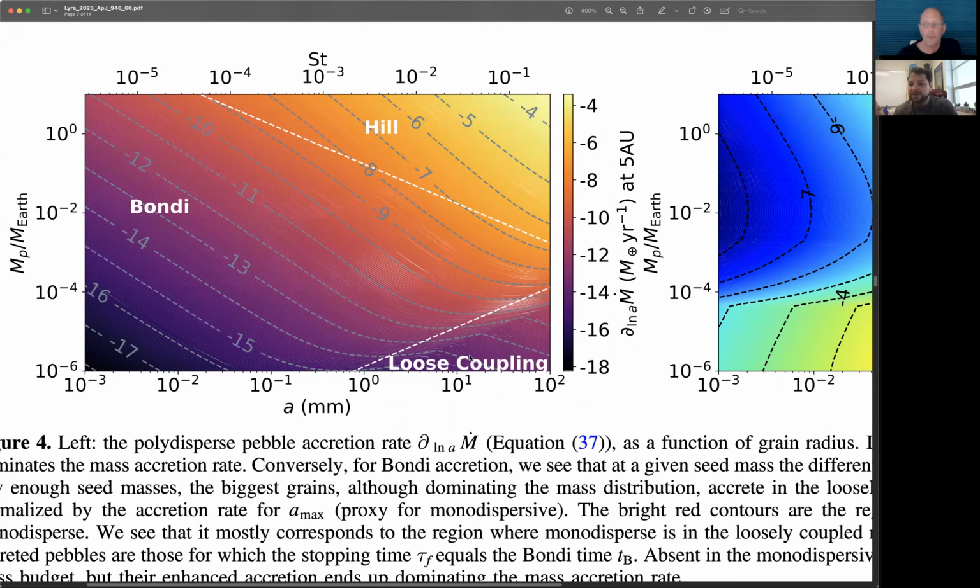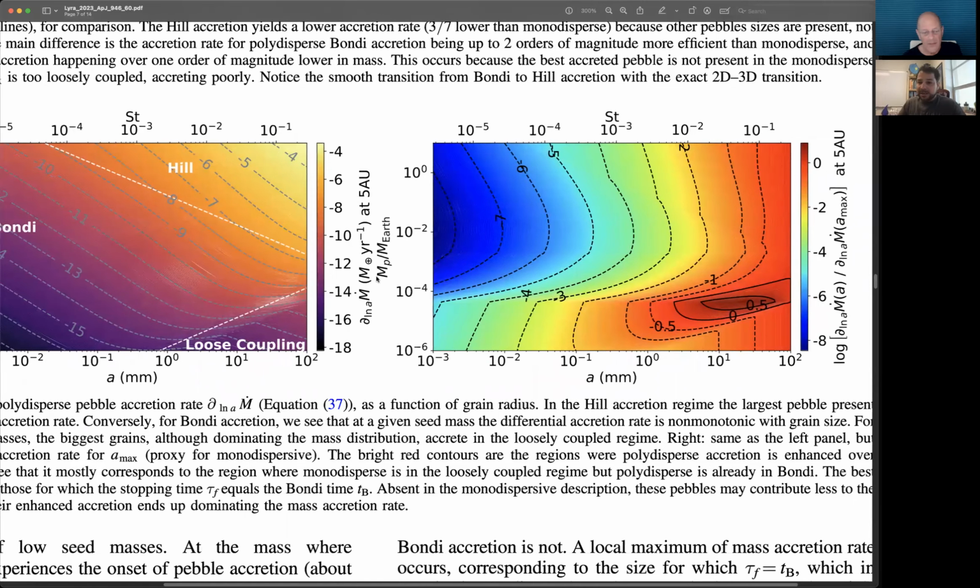So why is that? Because the bigger pebbles end up in the Bondi regime. They sort of already behave like planetesimals, because the Bondi sphere, when you are in a low planetesimal mass, is very small. In the Bondi regime, the best accreted pebble is the pebble that couples to the gas within the Bondi time.